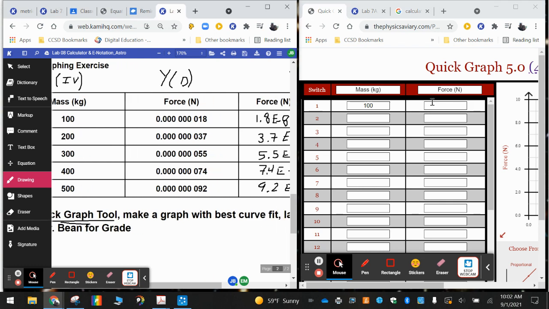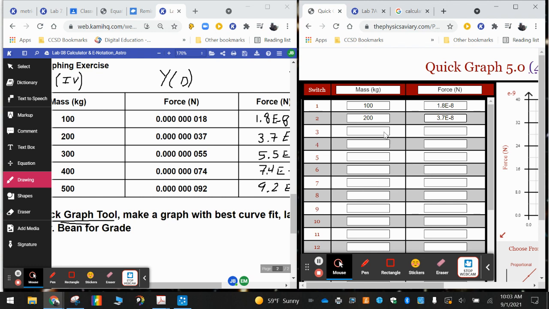This will be 1.8 E minus 8. Notice how I put 1.8 E minus 8. We'll do one more just to make sure. This is 200, and over here this is 3.7 E minus 8. You can do lowercase e too, but I like to do capital E.